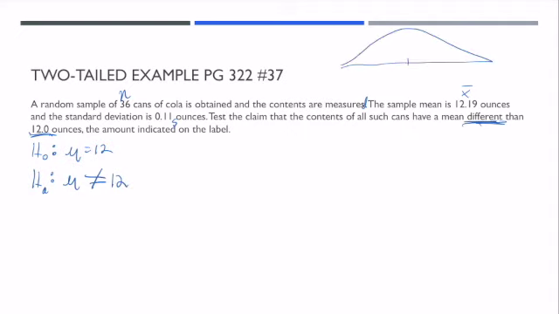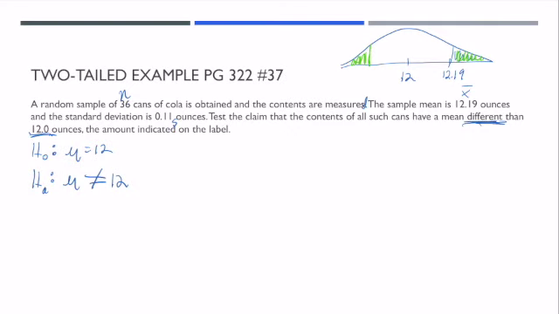So now I'm looking at a two-tailed test. I've got 12.19 ounces over here. So I'm trying to find the area over here and the area over here, pretending that I drew this perfectly symmetrical.